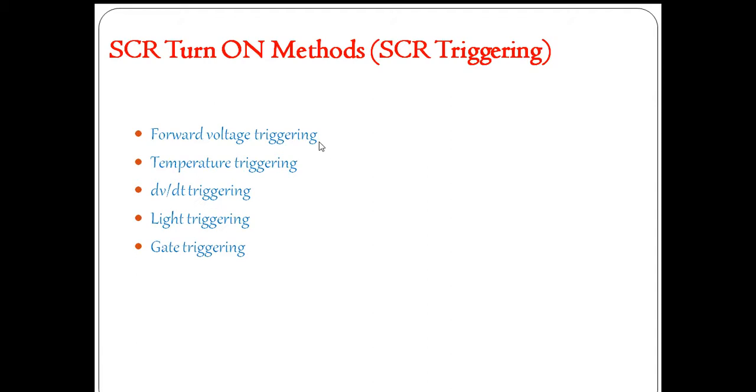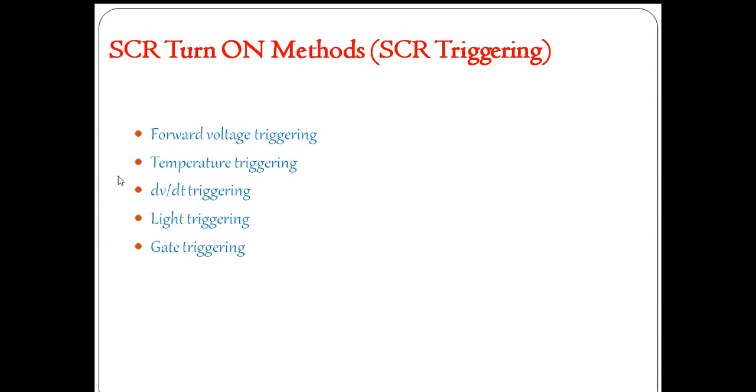In that, mainly forward voltage triggering, temperature triggering, dV/dt triggering, light triggering, and gate triggering. So these are the different methods which are available, and these methods have their own advantages and disadvantages.